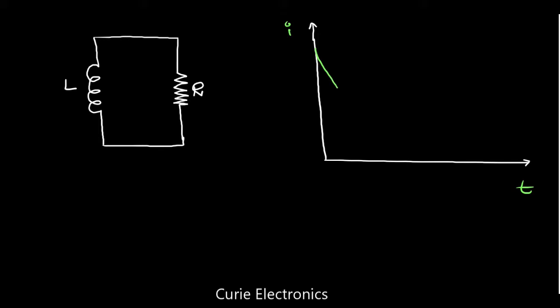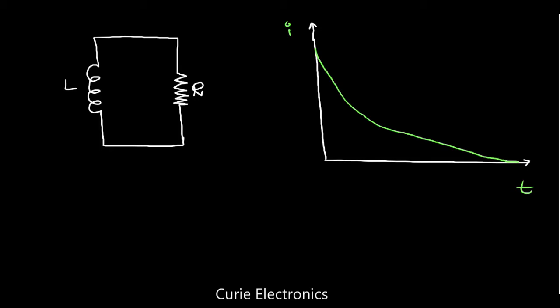So this is L. Now the decay of current in an inductor is shown on a graph: on the y-axis we have current I and on the x-axis time t. Initially the inductor current was maximum, then it started decreasing and it reaches 0 at infinity.